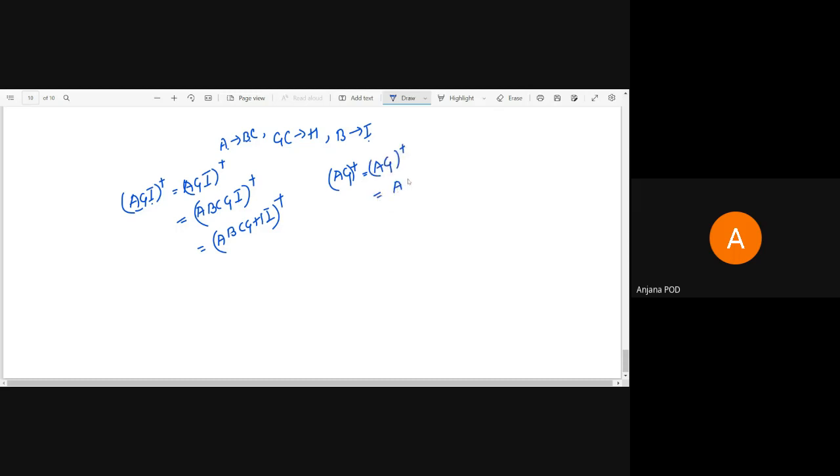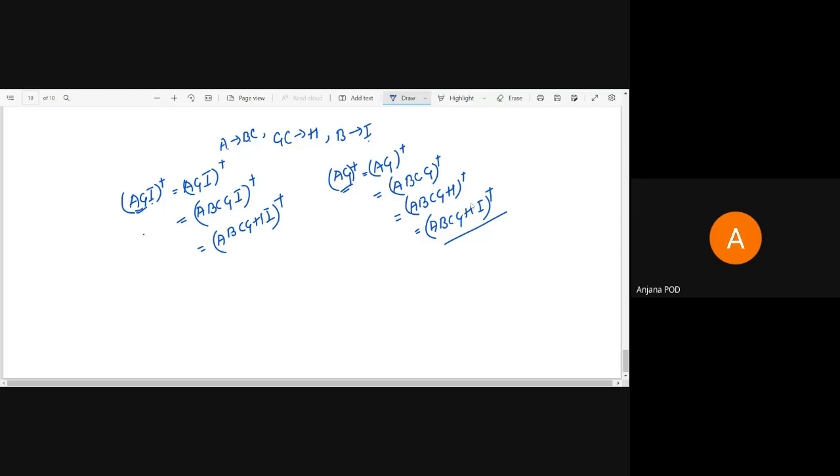Then it will give ABC, ABCG, then ABCGH, and finally it will give ABCGHI. So by that you can see that AGI is not a candidate key, because AGI is a super key, but its subset, that is AG, is also determining all the attributes of the relation.